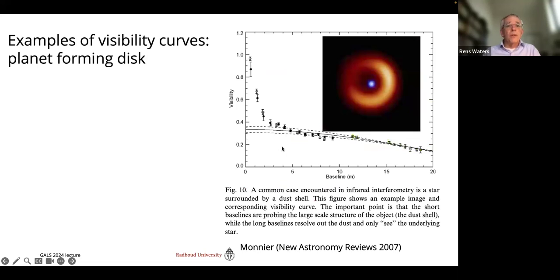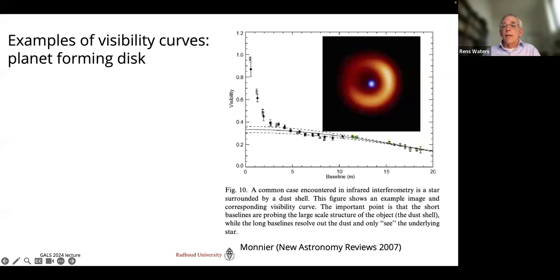And here's the visibility of a planet-forming disk as an example from a paper by John Monnier, where you see that the visibility is very high for small baselines. So here's the baseline in meters. And then if you increase the baseline length, the visibility goes down because we zoom in and less of the flux is correlated.